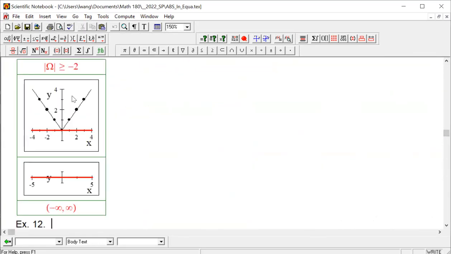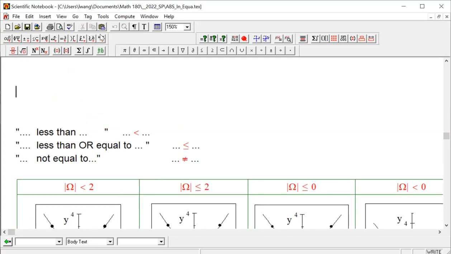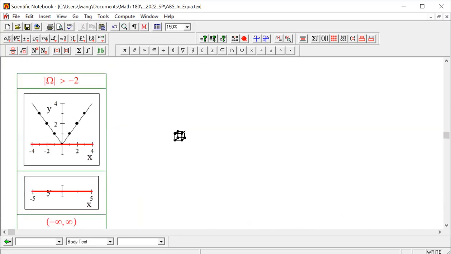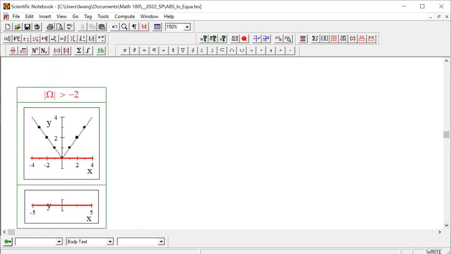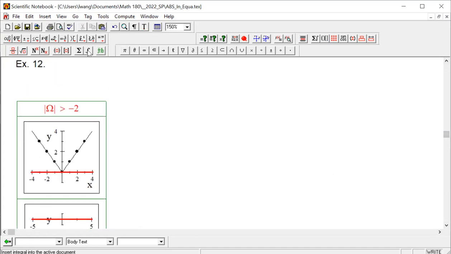And here we go. This is the case that it's larger than -2. So I can totally make up another example. Solve for x. Here I have an absolute value of 5x minus 7 larger than -2.